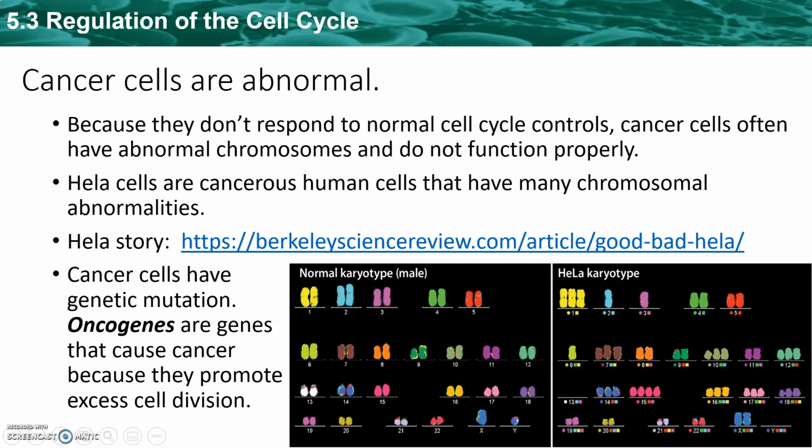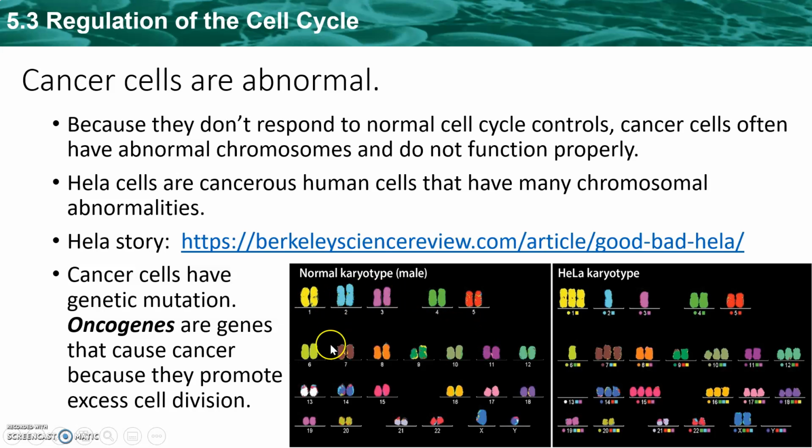This shows abnormal chromosomes that are found in a certain strain of cancer cells called HeLa cells. The HeLa story is actually a really interesting story that gets into questions about ethics and scientific research and medicine. There's a summary of that story here if you would like to read about it. It is fascinating, but it's a little beyond the scope of what we're going to get into today.